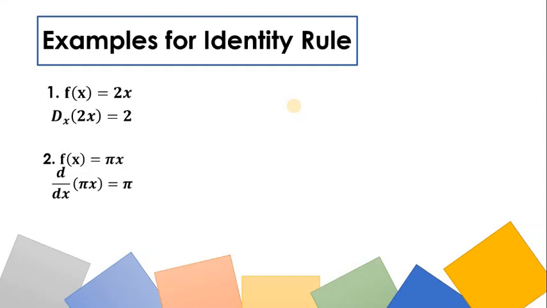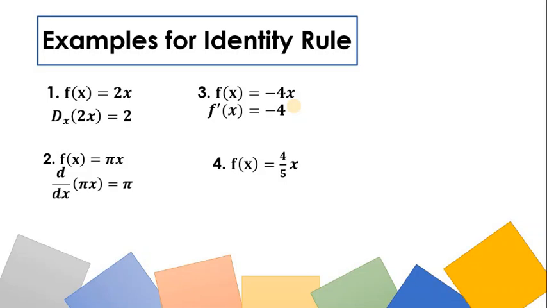Therefore, the derivative of pi x is equal to pi. Third one is the derivative of negative 4x. The identity rule is still appropriate for example number 3, simply because I have a single variable x and a constant negative 4. What is the derivative? The derivative is negative 4.